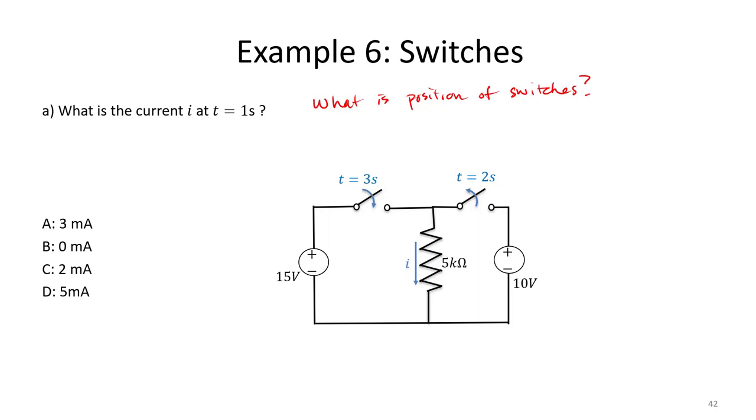Well, at time t equals 1 second, this one is still open. So there's no current flowing through the left portion. There's no current through that switch on the left. How about on the right? Oh, well, since this opens at 2 seconds, but we only have 1 second past, this switch is closed. So we can actually redraw this circuit to look something like this.